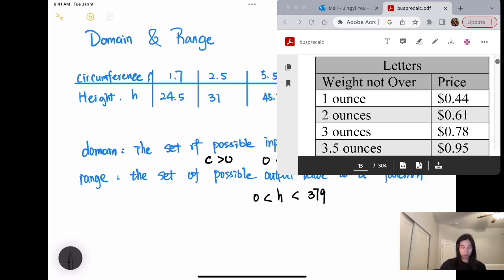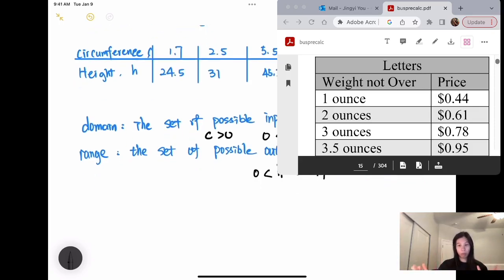So by what we learned in the previous section, this is a function of price given by what? The weight, right? So this is our function.